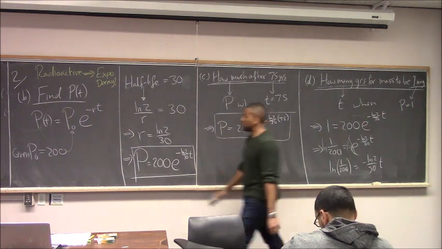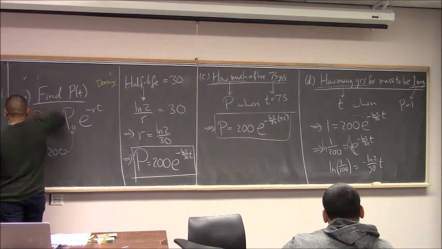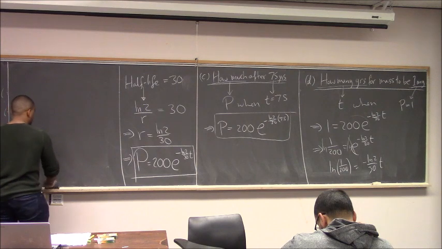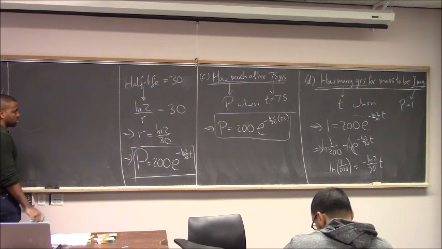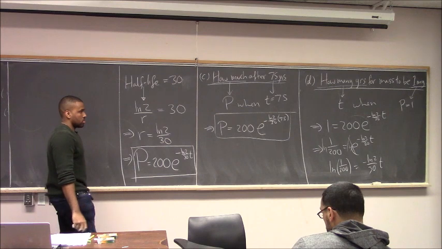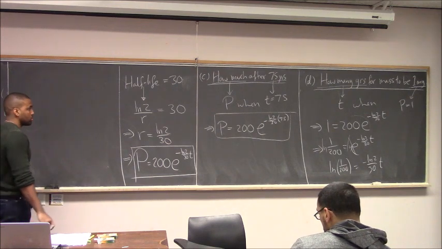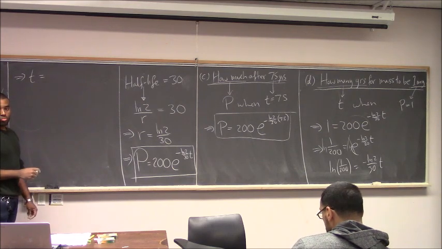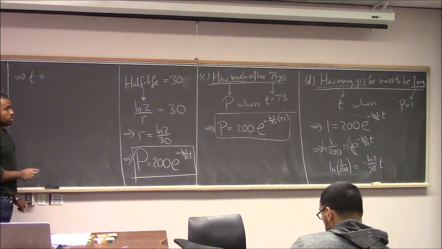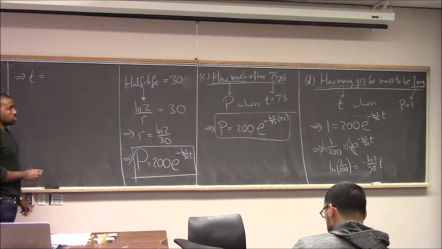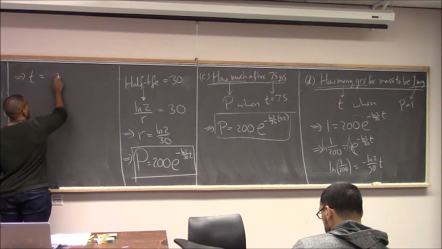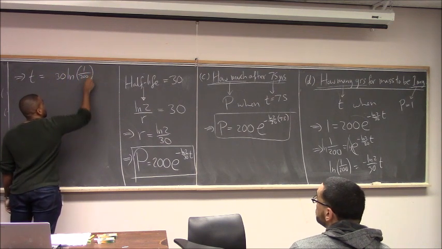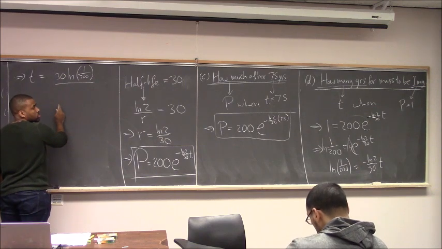So what would T be? What would T be equal to? 30 ln 1 over 200 over ln 2, and there's a negative.